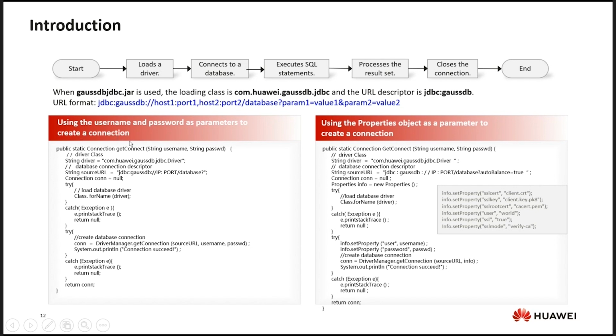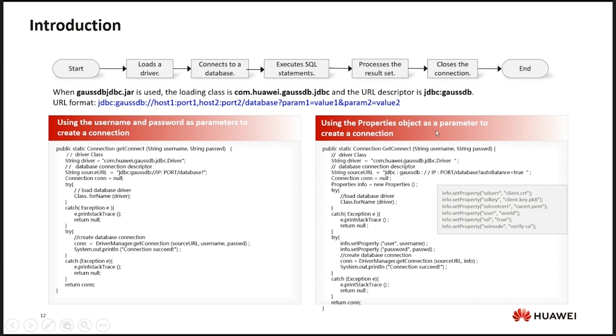How can you create a connection? You have two choices. Here you can just write a driver URL, then you put this information into the API getConnection: the URL, your username and the password, and then you can get your connection.